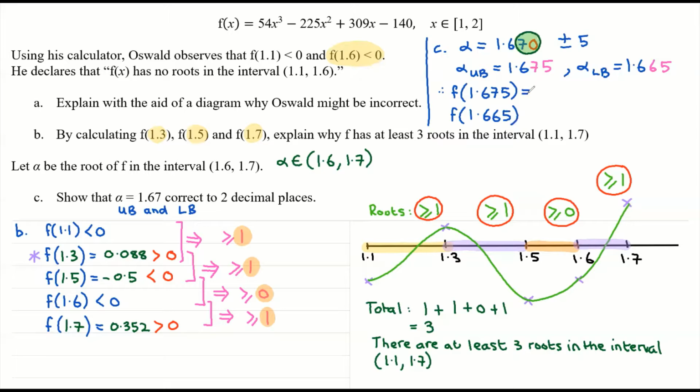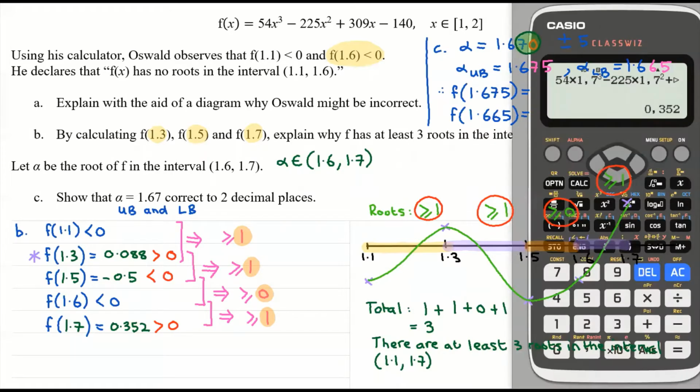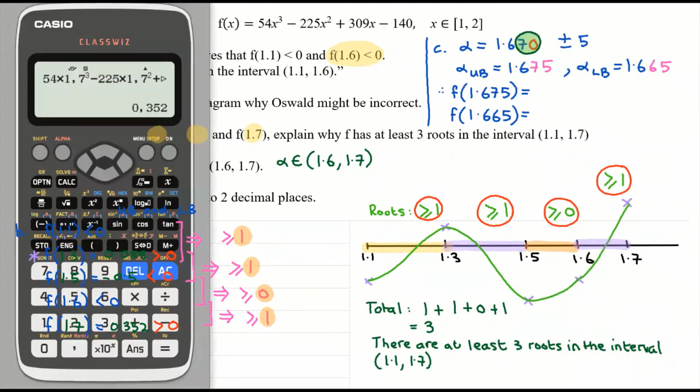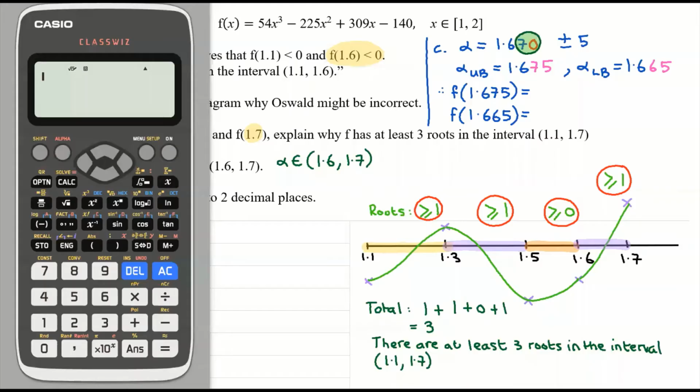Let's see what they are now. We'll get our calculators ready. Let's drag this over. I've just cleared some of that away. Now we're going to plug in those numbers that we've just written down, the upper bound and the lower bound. We'll do the upper bound first.